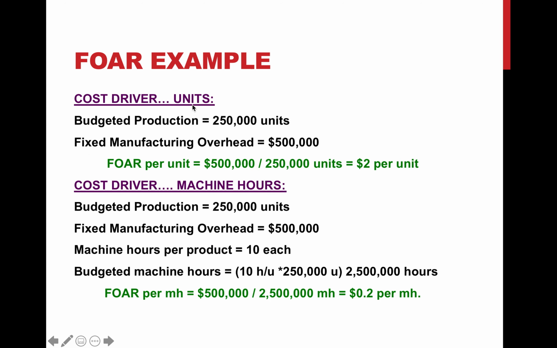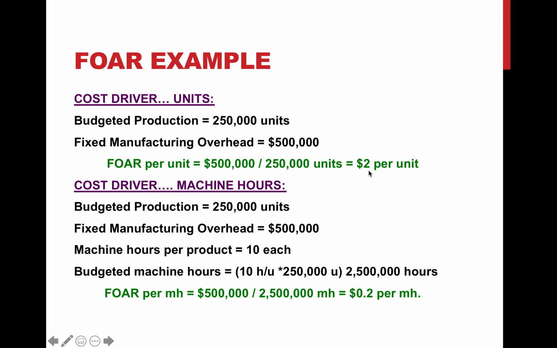So, for example, if we have units as a cost driver and our budgeted production is 250,000 units, and your fixed manufacturing overhead, continue in your mind with the example of depreciation of the machinery, is 500,000, your fixed overhead absorption rate, or FOR, per unit, because remember, if the denominator is units you get dollars per unit or pesos per unit, is 500,000 divided by 250,000 units.